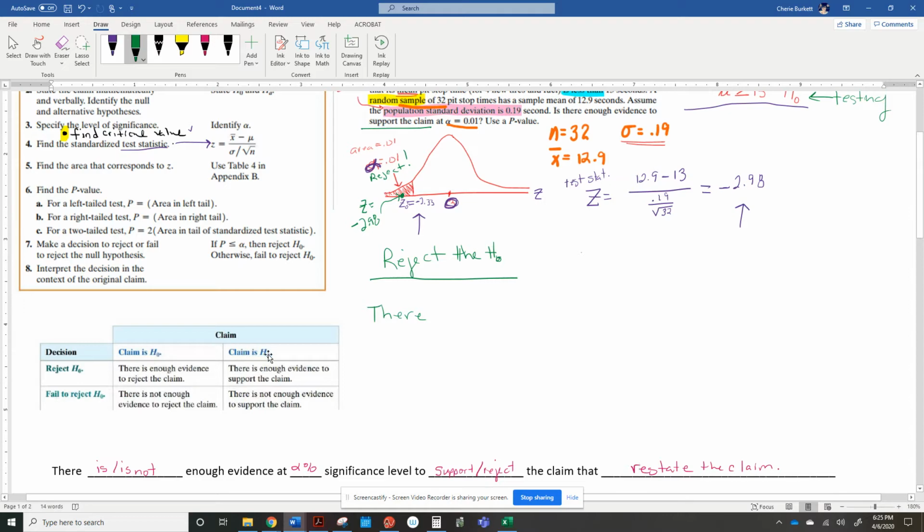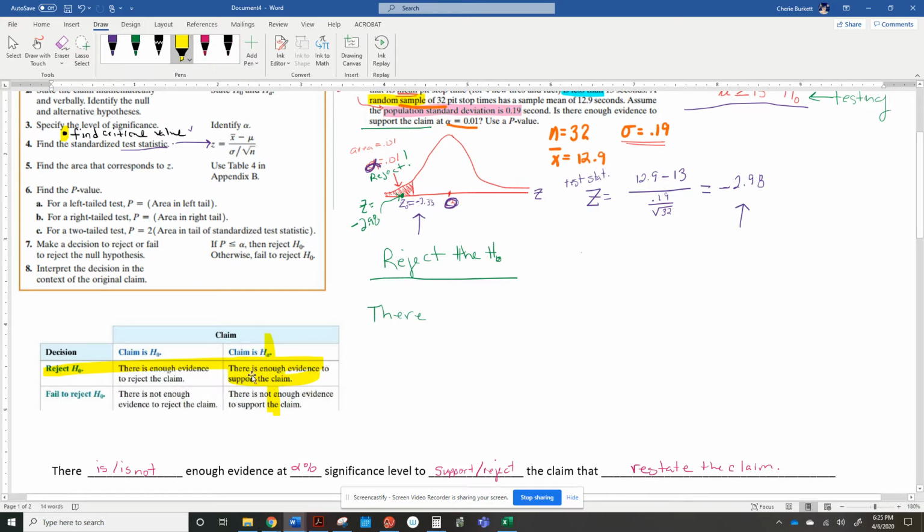No. Was your claim your alternative? Yes. So this is the column that I'm looking in. My claim was my alternative. And then what did I do? With the null, I rejected the null. So since the claim was my alternative and I rejected the null, this is going to be my answer.